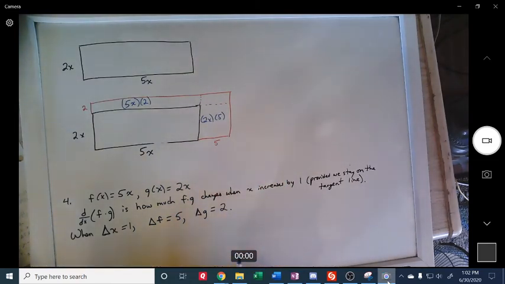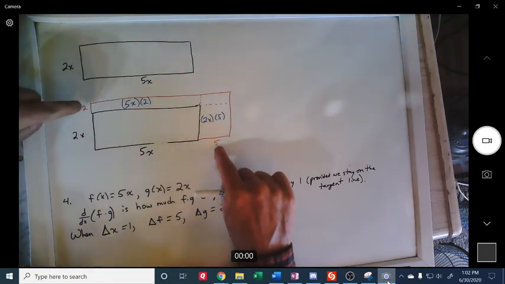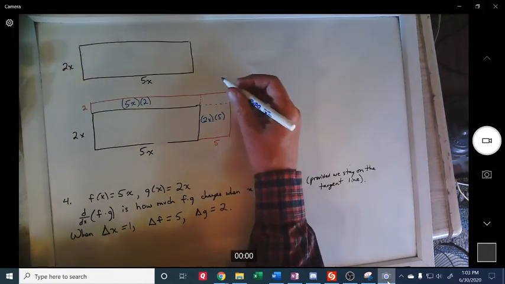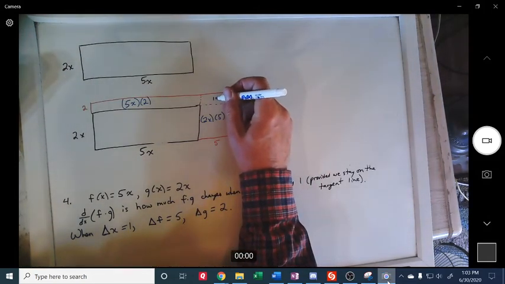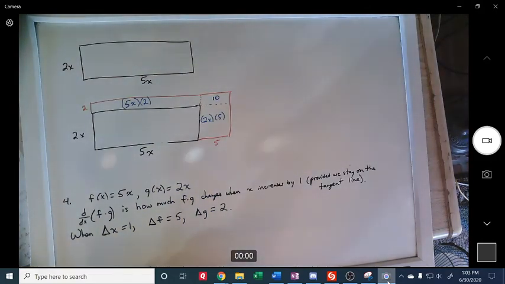And then this part, 2 and 5, is going to multiply together to be 10 up here. All right. Now, the change in the output.